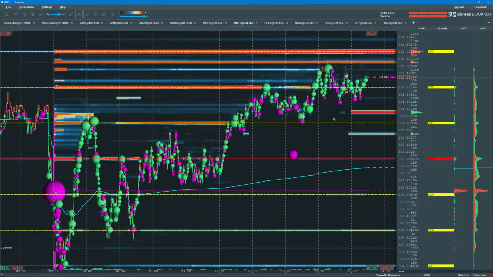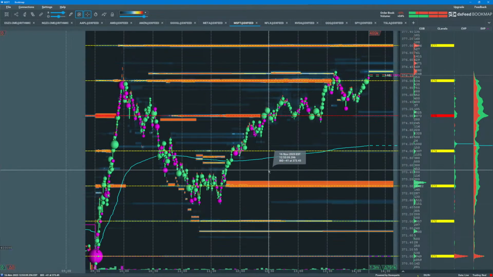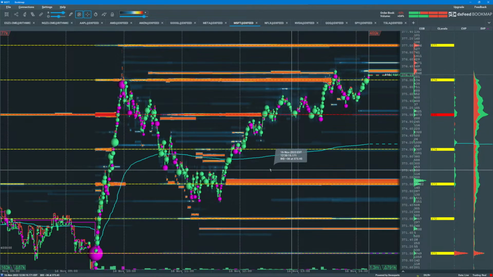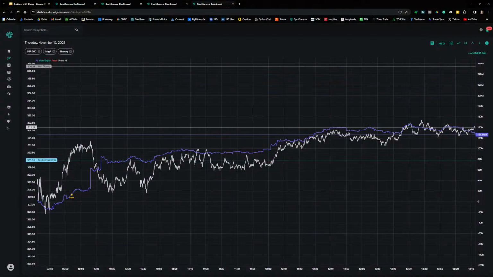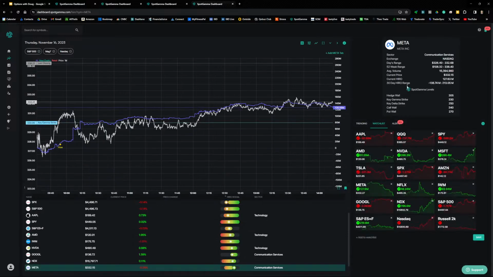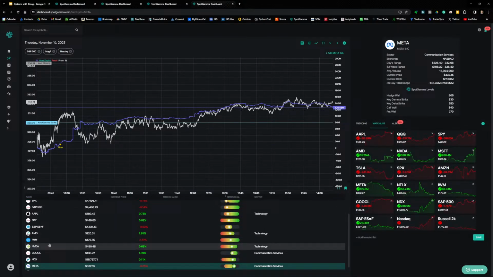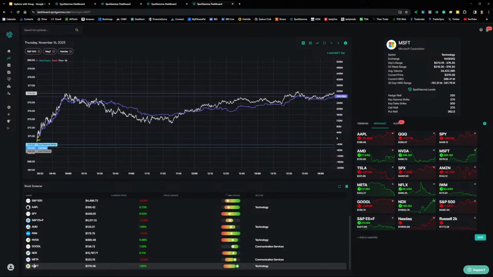Microsoft. Meta's been very strong recently. The same for Microsoft. All right, let's go take a look at Hero. Go to Microsoft.